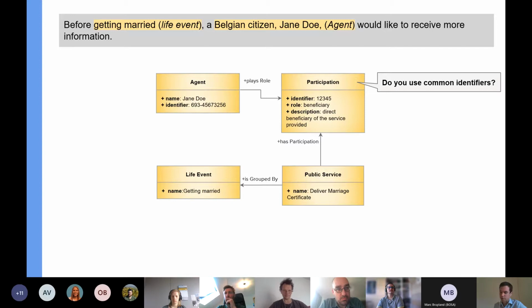And so probably indeed, I understand that capturing the role of different agents, different people participating in different ways in the public service is very important. We need to give the ability to go to a certain level of details, a certain level of granularity, to be able to show the different roles taken. So not only beneficiary, but go deeper than that.